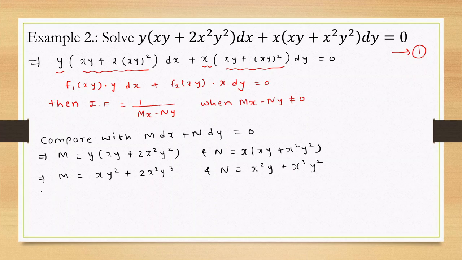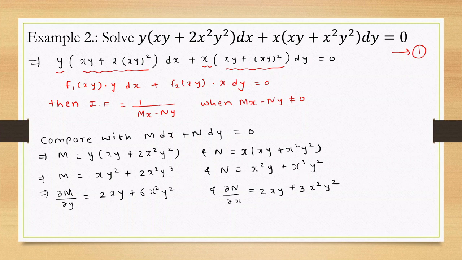So this implies dou M by dou y is 2xy plus 6x square y square and dou N by dou x is equal to 2xy plus 3x square y square.